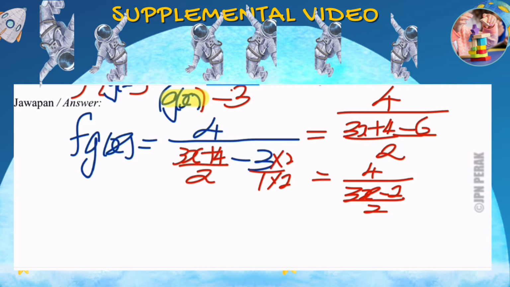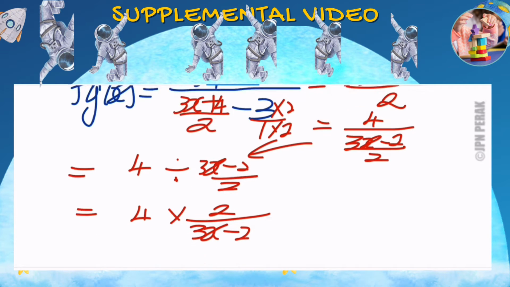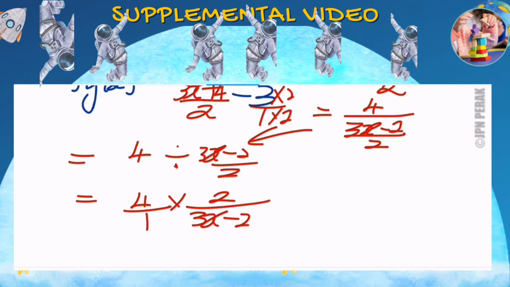Be careful, we are having 4 divided by the fraction. In this case, some of you are quite confused with dividing by a fraction. So you can write it like this, and then you can just make it multiply. The 2 goes up, 3x minus 2 goes down.